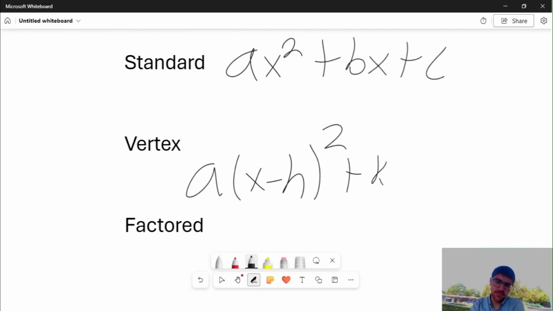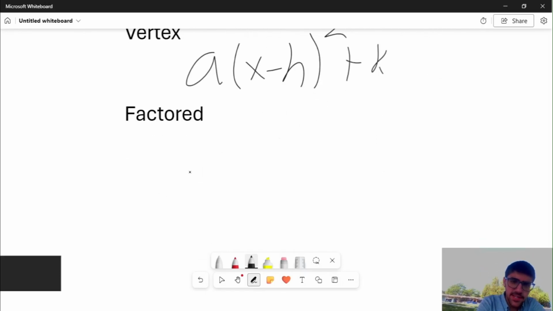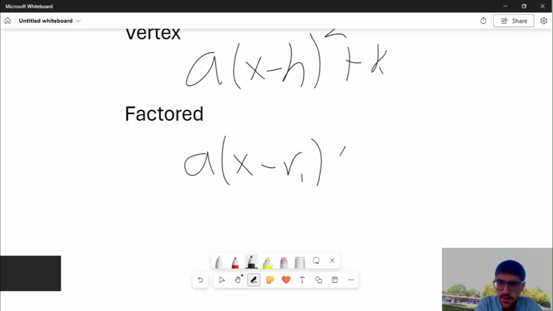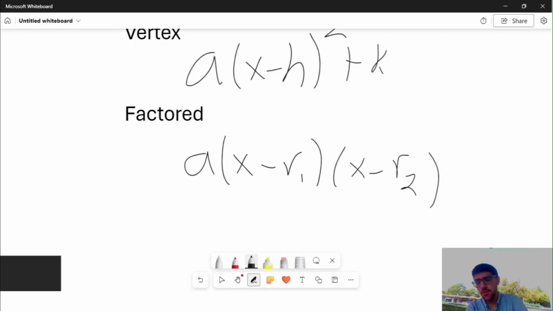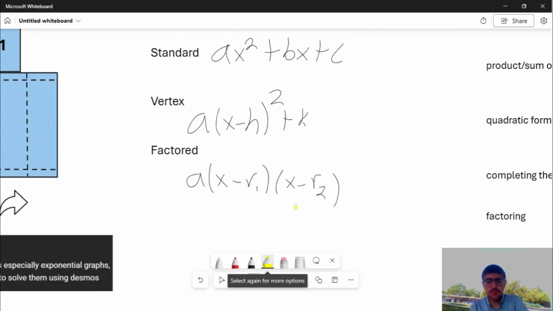I'll go over what the constants mean later on. Factored form looks like a times (x minus r1) times (x minus r2), where r1, r2, and a are constants. I'll go over what they do later on.